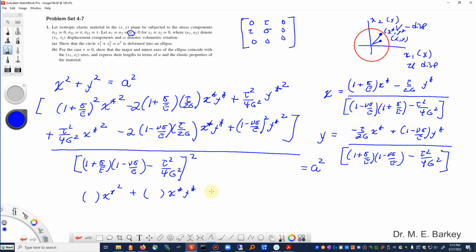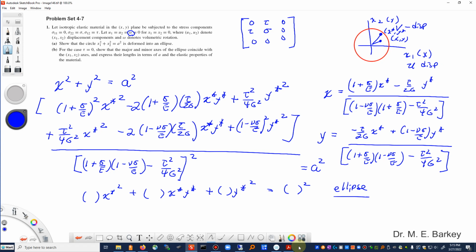And we're going to have another term that looks like something times y star squared. And then, it's going to have something like another thing squared over here when I multiply this over and all that. Okay, so this is an ellipse. It'll have a certain angle of rotation, depends on the ratio of the tension and torsion.